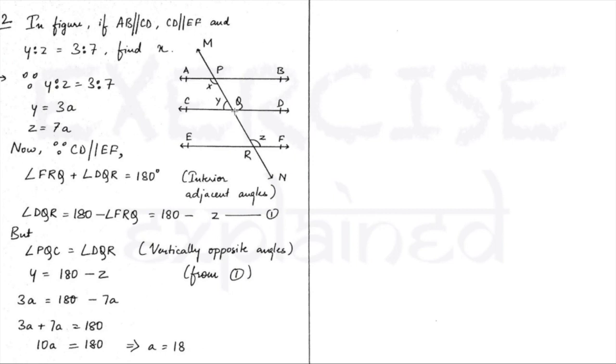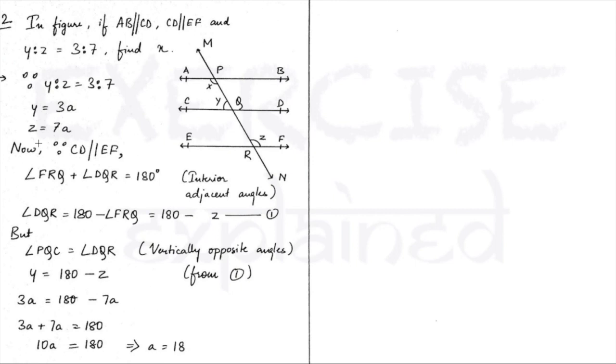That means this angle, what you can see here, DQR is equal to PQC. Now PQC is given as angle Y and DQR we just found out that it is equal to 180 minus Z. So I just substitute them, that is PQC is equal to Y and DQR is equal to 180 minus Z. So what we get over here is Y is equal to 180 minus Z.